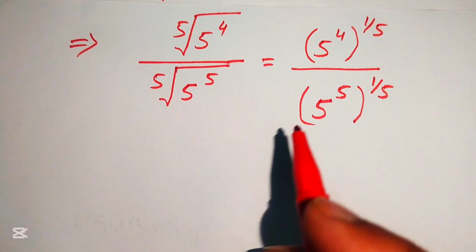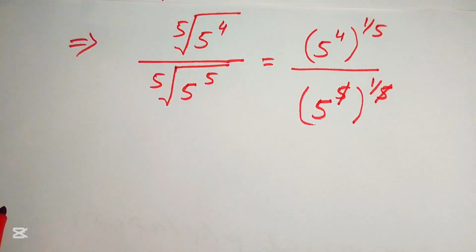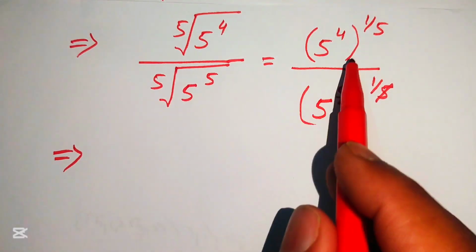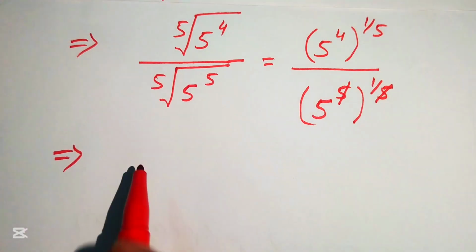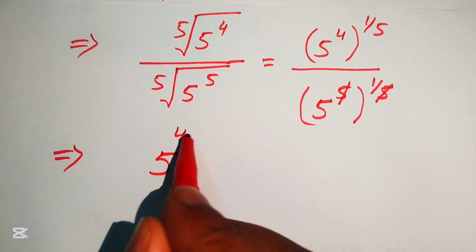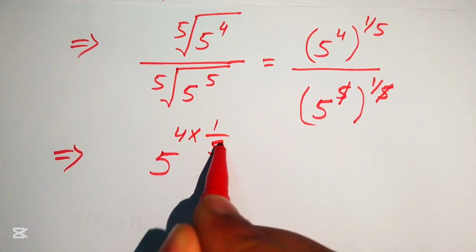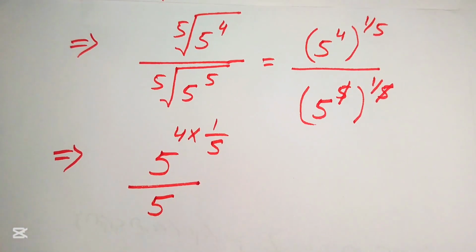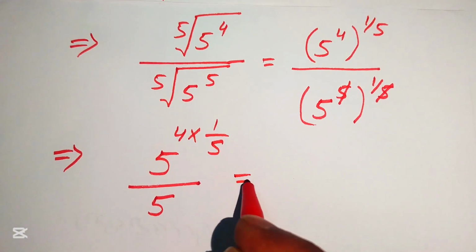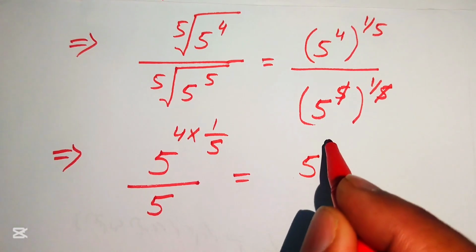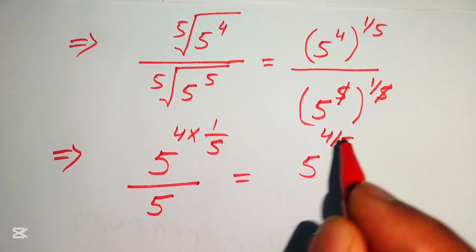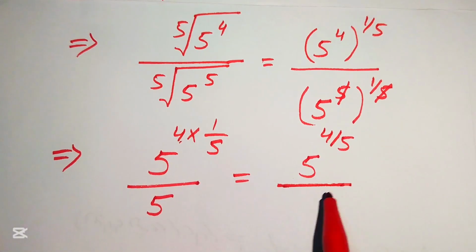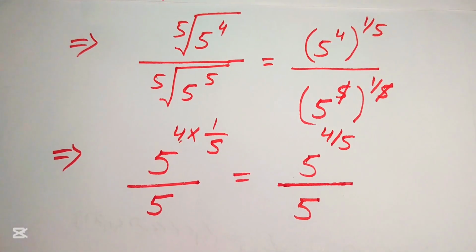And now here in the next step, you see that this 5 and this 5 are cancelled out by each other, and we can multiply these two exponents, and it will be written as 5 to the power of 4 multiplied by 1 over 5 divided by, when you cancel these terms, then you get here only 5. So we write this term as 5 to the power of 4 over 5, because 4 ones are 4 and divided by 5, and this is whole divided by 5.